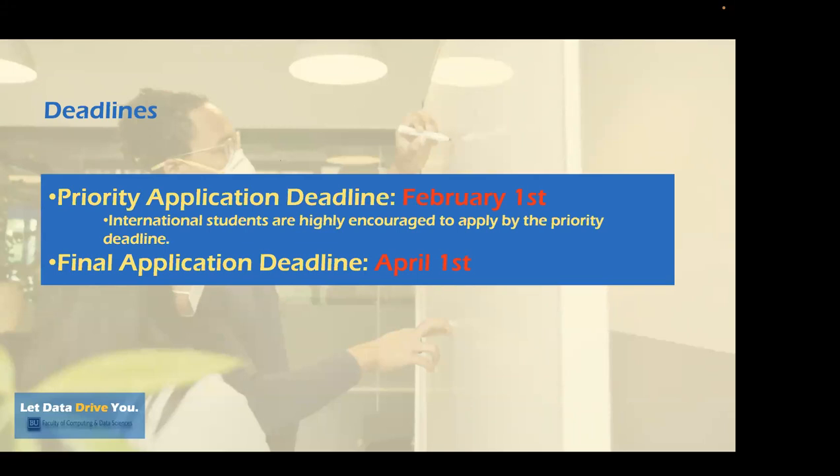If you apply by April 1st, we'll probably only have a few seats left to enter the program. I think that's the only difference here. But again, if you don't feel ready, do not apply by February 1st. Wait, rather than submit a rushed application; we'd rather see a ready one.